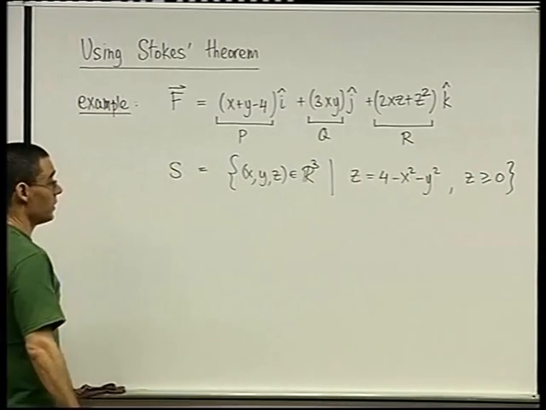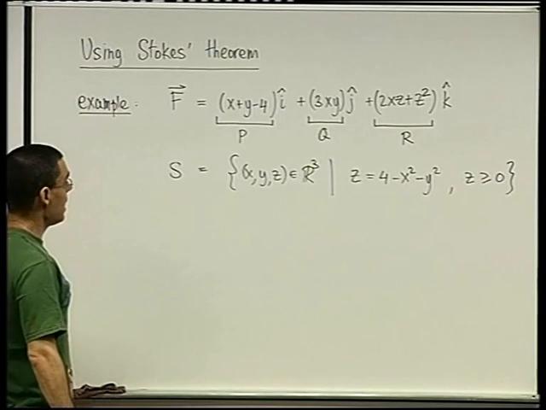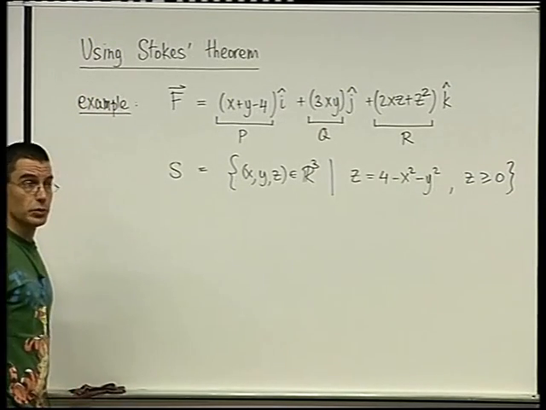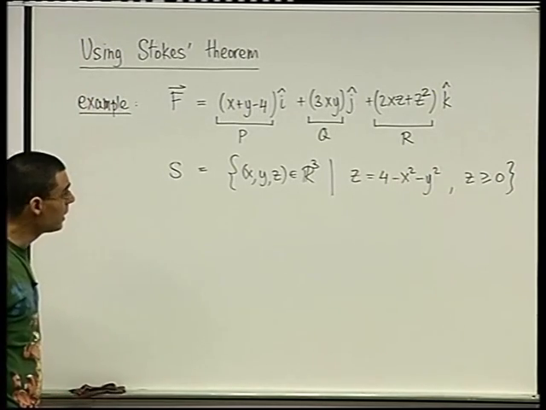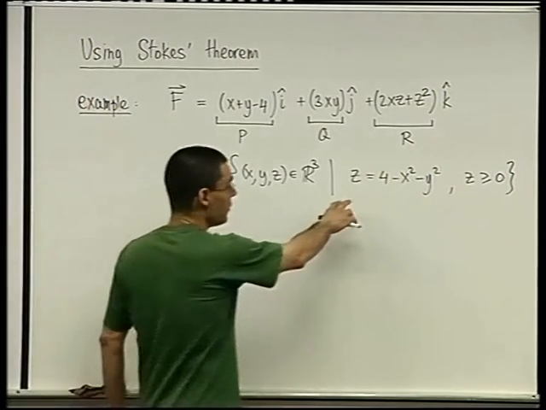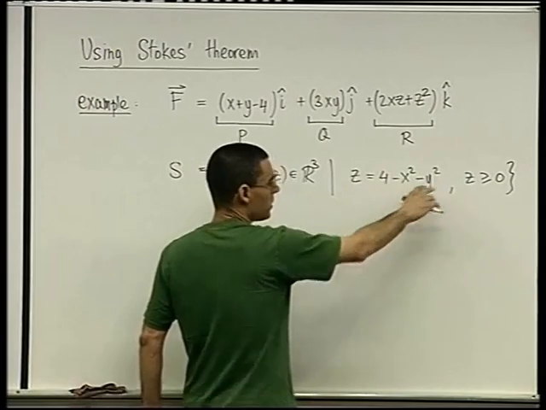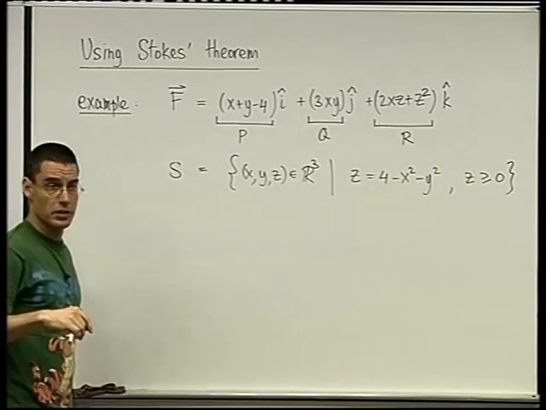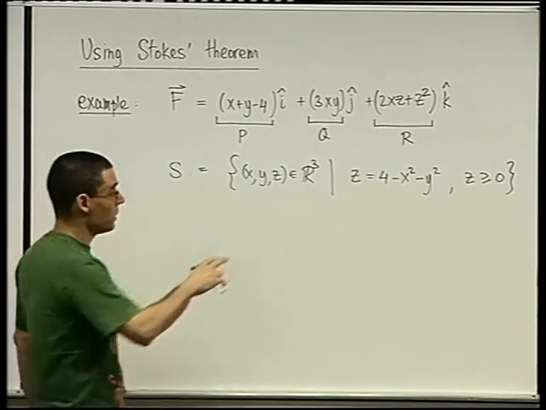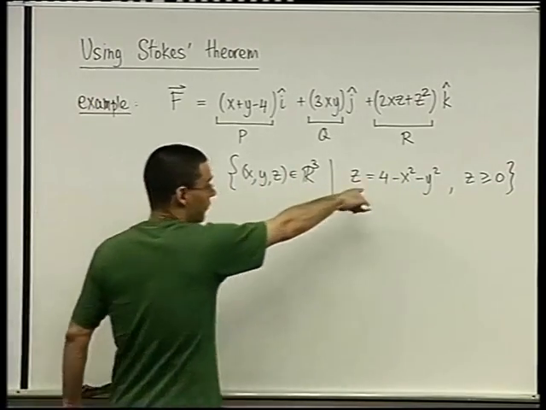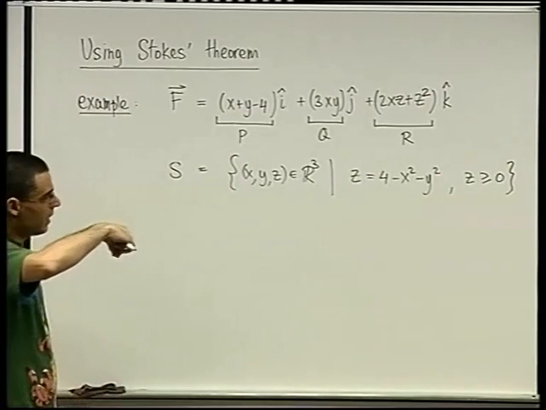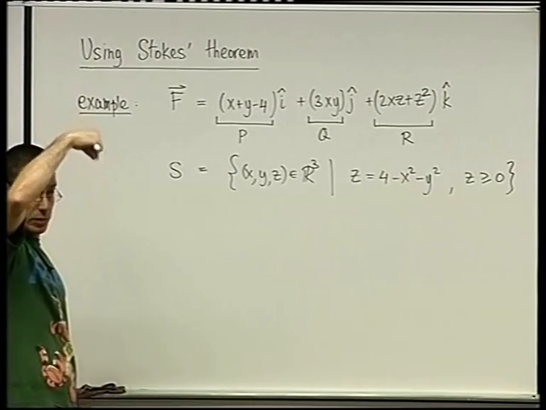So this is the surface S. Usually it's good to be able to picture the surface, to decipher what it looks like. In this case, it's not hard. If you think about it for a minute, z equals x squared plus y squared is a paraboloid. And what we have here is minus that, so it's an upside-down paraboloid. And this 4 here means that its vertex is sitting at 0, 0, 4.